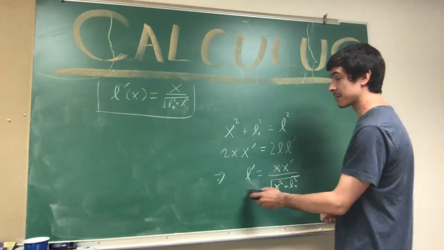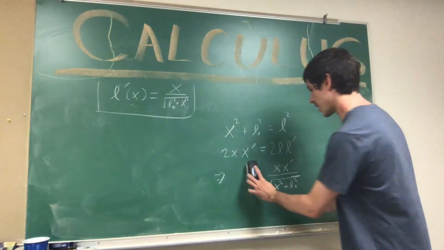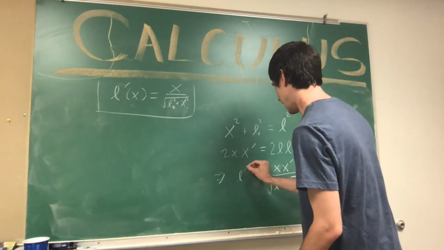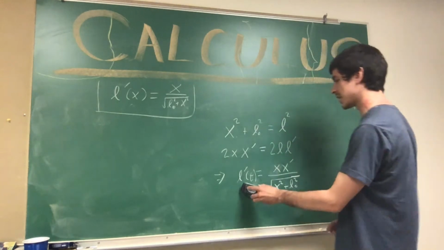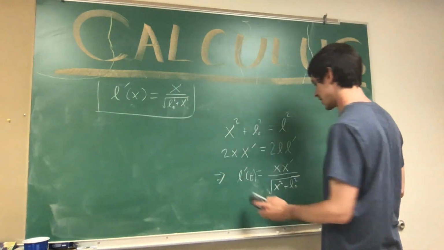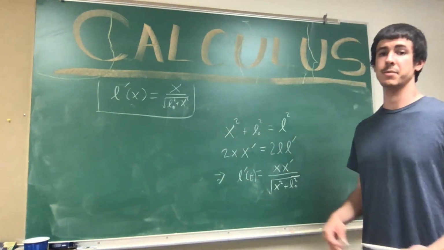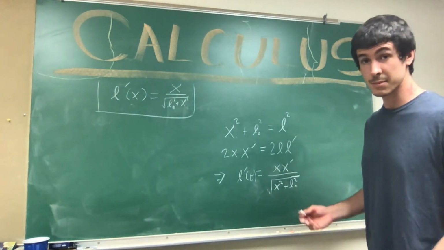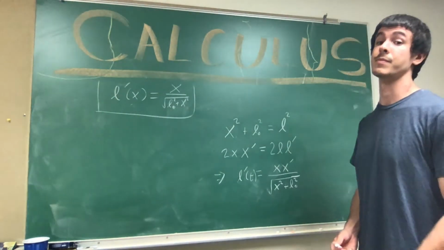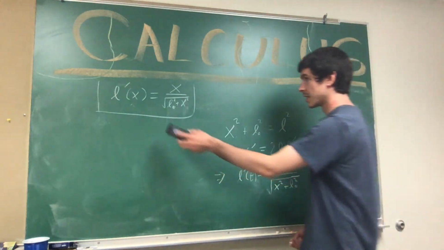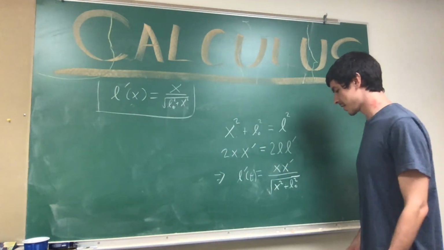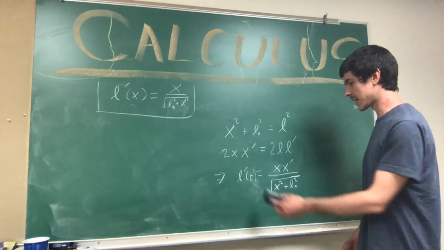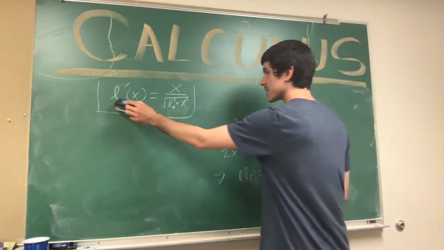And notice this is not the same expression we have for L prime of x, so this is L prime of t. So this is sort of frustrating. We're saying L prime in both cases, so in one case we're taking the derivative with respect to time, one time we're taking the derivative with respect to the spatial variable x, and we're getting different values. So it seems like maybe some different notation would help.